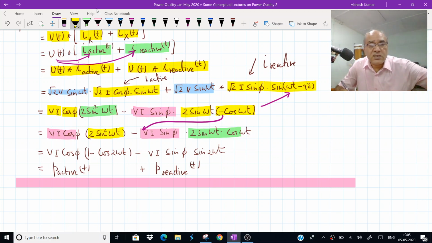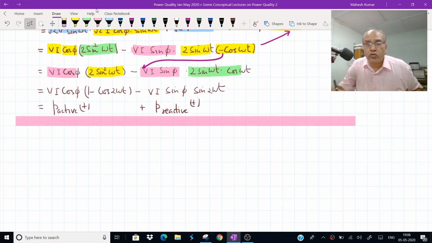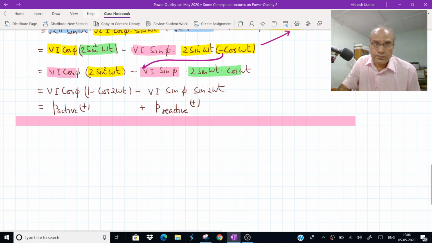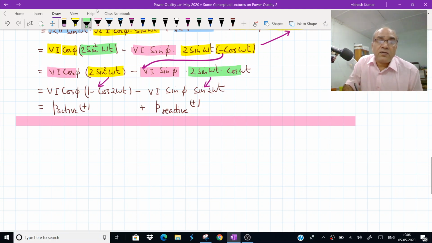Now we can express this side, 2 sin square omega t and 2 sin omega t cos omega t, because this is nothing but sin 2 omega t, and this is nothing but 1 minus cos 2 omega t. So you see that the 1 minus cos 2 omega t term has come from the active component of the current, and therefore we have called this power P active.